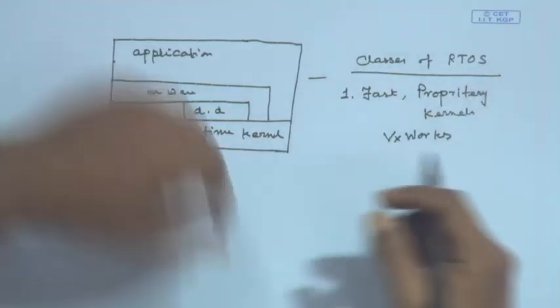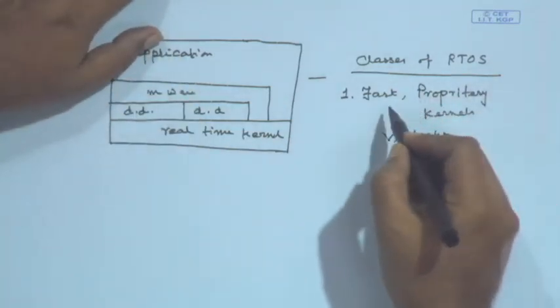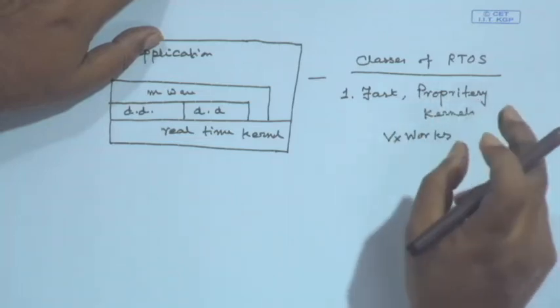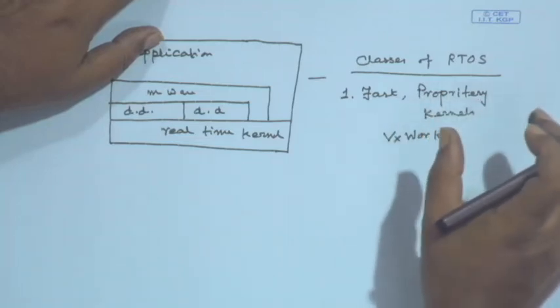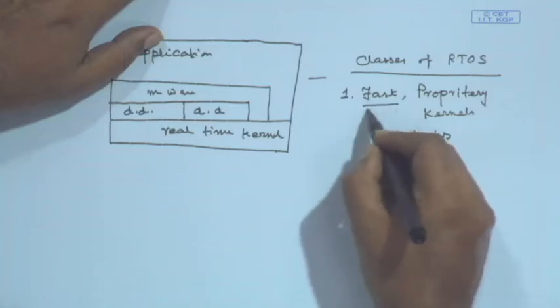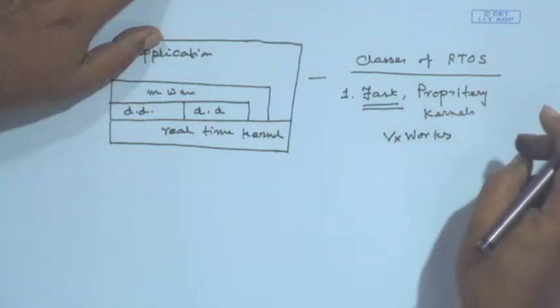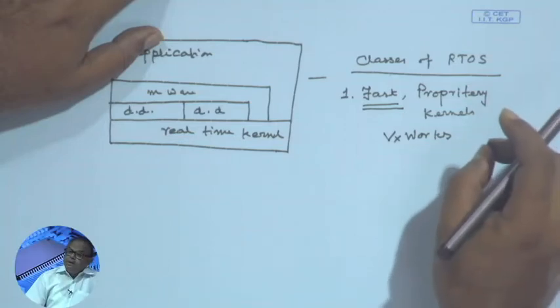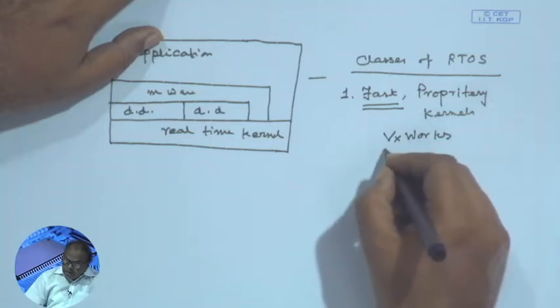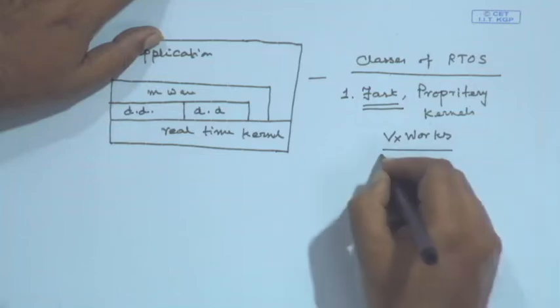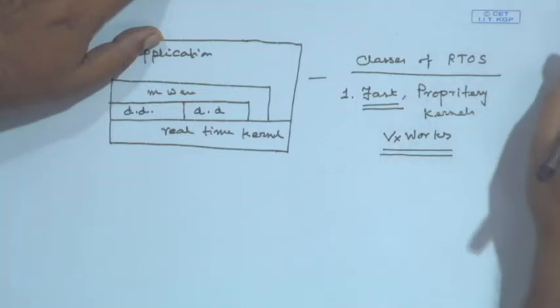All right. Now, what is the advantage of these, which are proprietary, made for a particular domain? That they are fast, but they are not predictable. Typically, it has been found that they are not predictable for all situations.